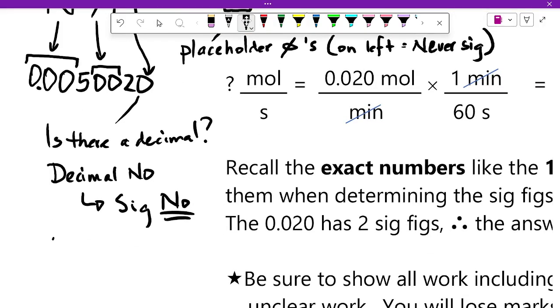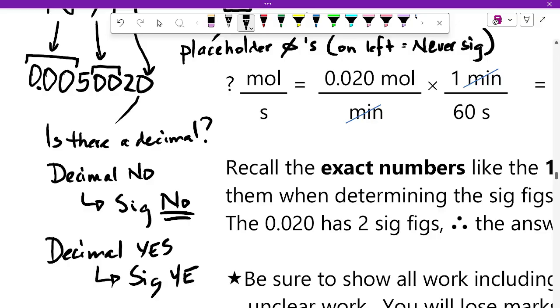Decimal, yes, significant, yes. So in this particular number here, we would have 1, 2, 3, 4, 5 sig figs. Is that ringing bells? Okay, very good.